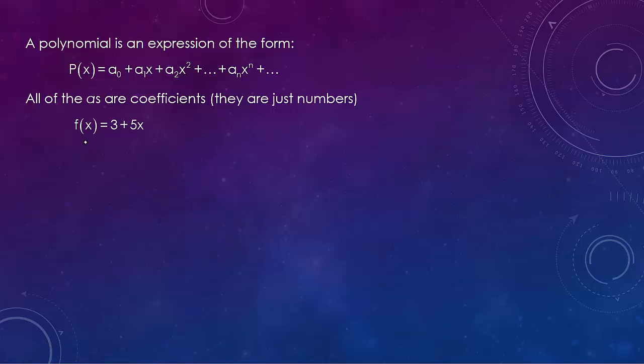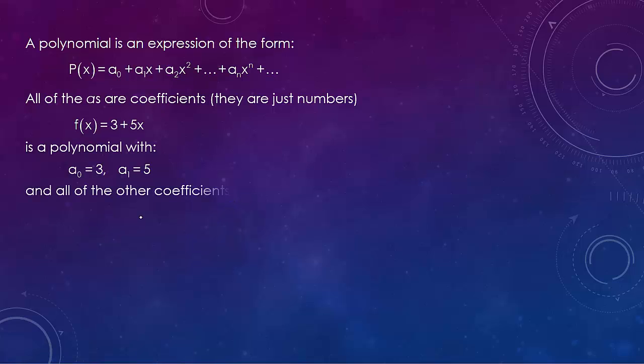If we have f of x is 3 plus 5x, that's a polynomial with a0 equal to 3 and a1 equal to 5. So a0 is 3, a1 is 5, and all of the other coefficients are 0. So we really just end up with the first two terms.